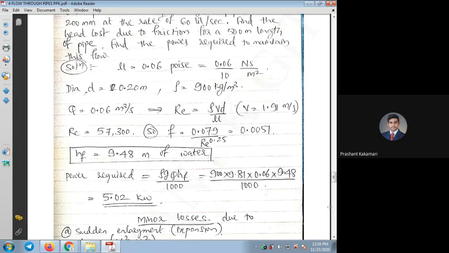On the basis of turbulent or laminar flow, we decide what equation for the coefficient of friction can be used. Once the coefficient of friction is found, you can utilize that f value in the Darcy-Weisbach equation. And the rest of the values are given directly or indirectly in the problem itself, like velocity, which is given indirectly by mentioning the discharge and the diameter or size of the pipe.